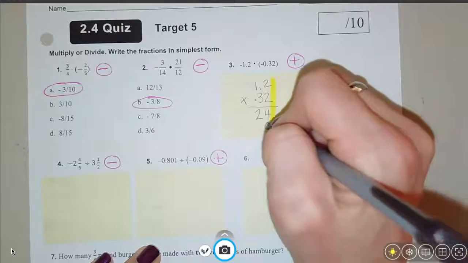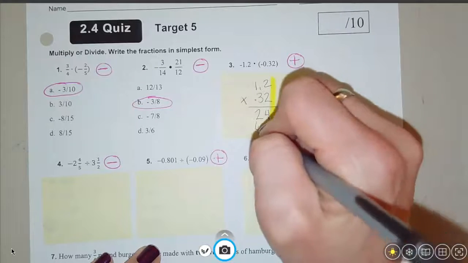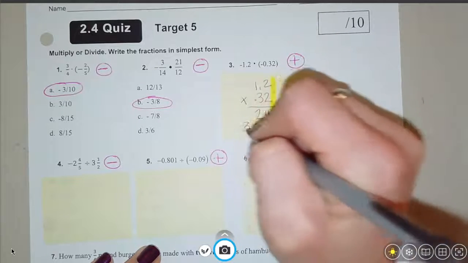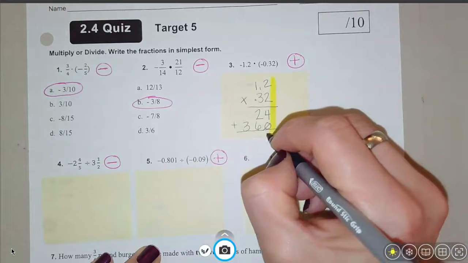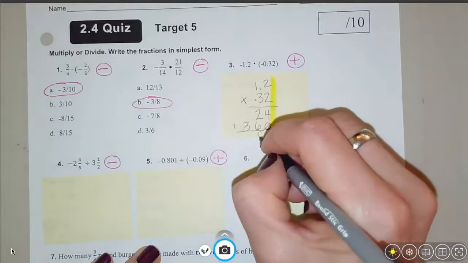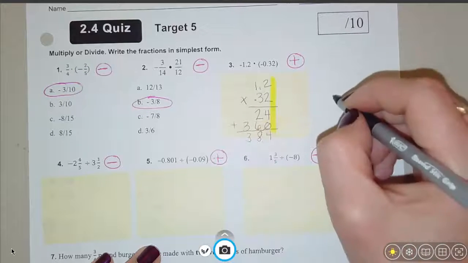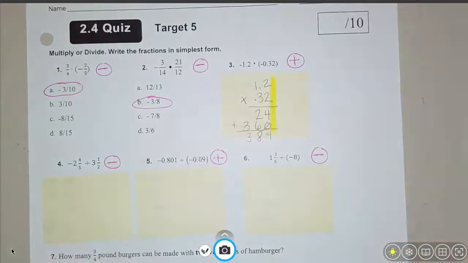Placeholder. 3 times 2 is 6, 3 times 1 is 3, and then I add those up. So I'm kind of running out of room, but I'm going to get 4, 8, and 3.